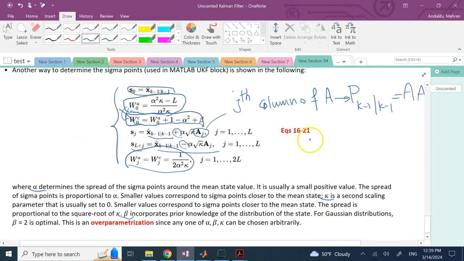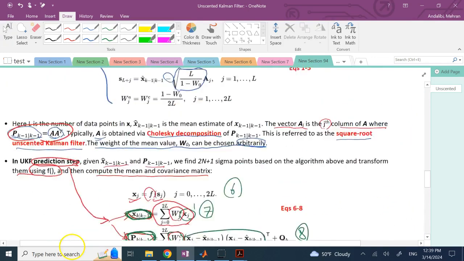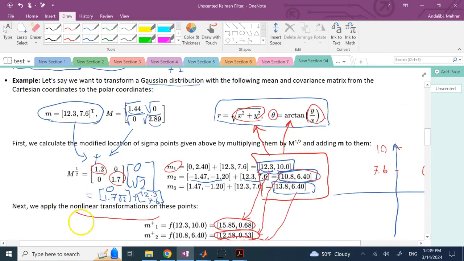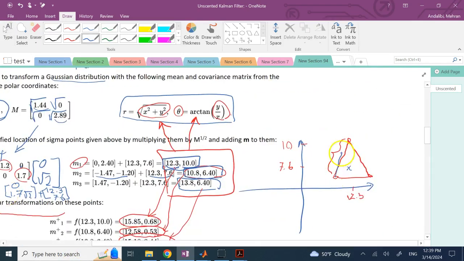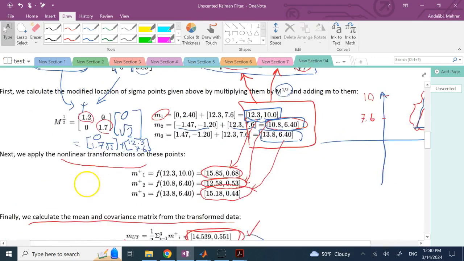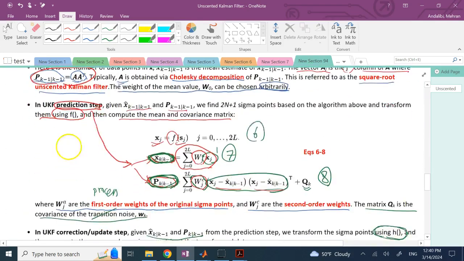And there is a good thing and a bad thing about it. The good thing is, by selecting alpha, kappa, and beta, you can move those sigma points around the average. If you remember, the distance between these sigma points and the average, the side of this equilateral triangle in this simple case, is purely dependent on m, or basically square root m.